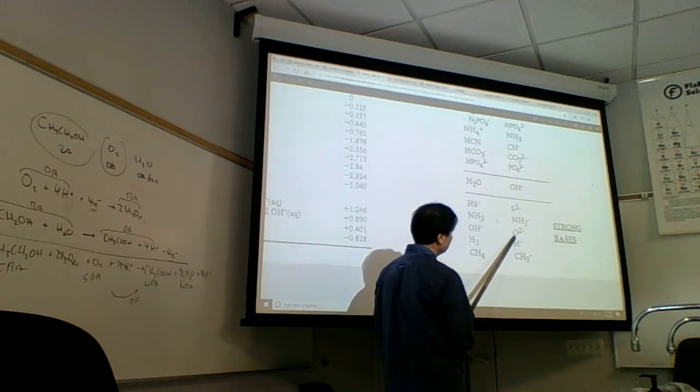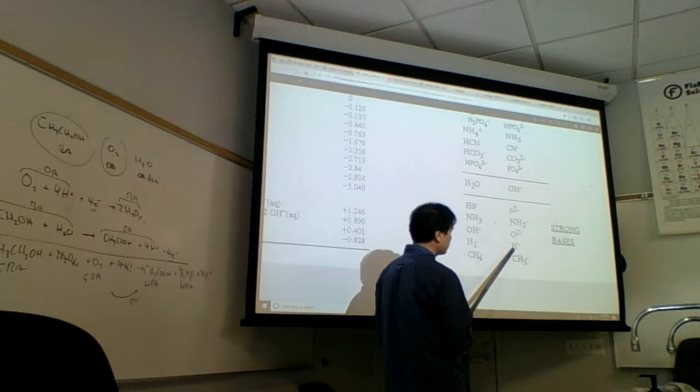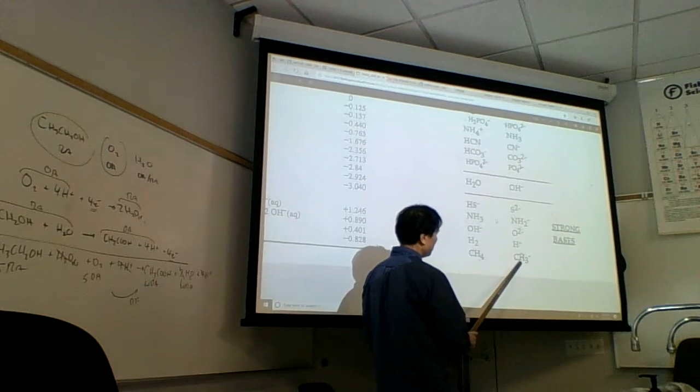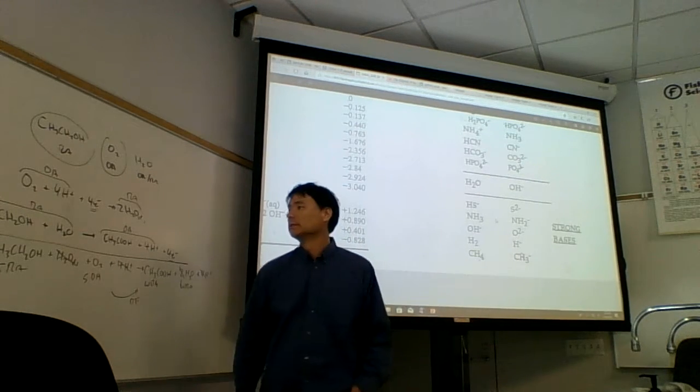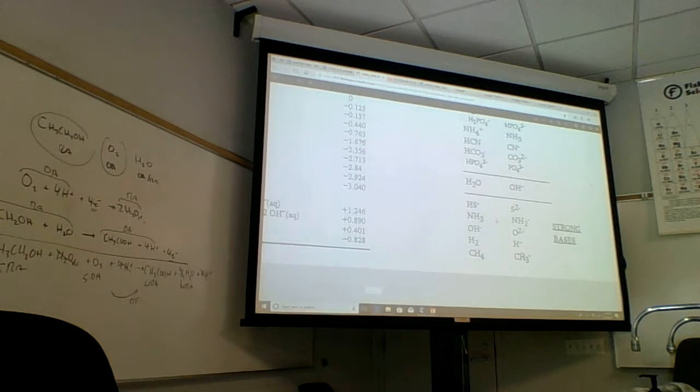Amide. Good. Oxide. Hydride. This one's called methide. Methane forms methide. And so those are all the bases on that chart that are stronger than water. We'll react with all those.